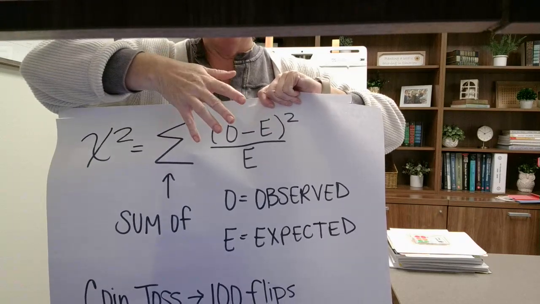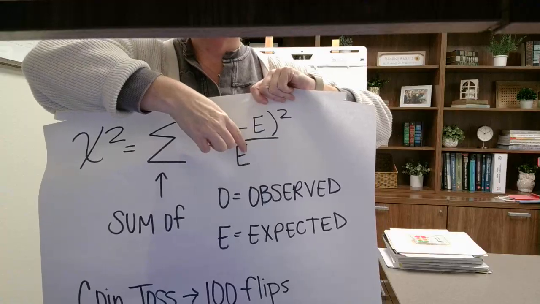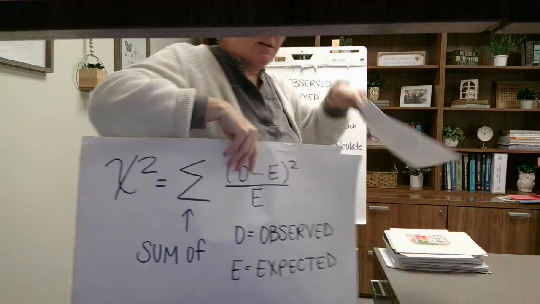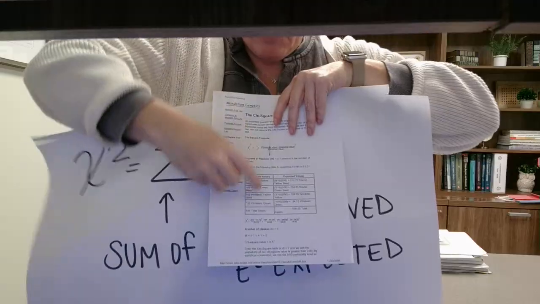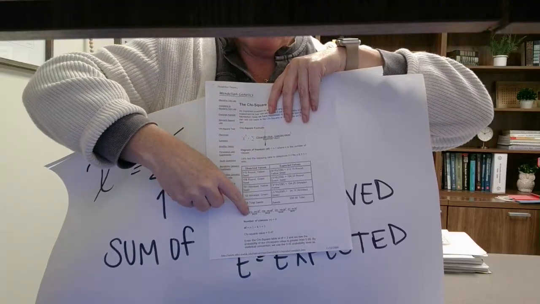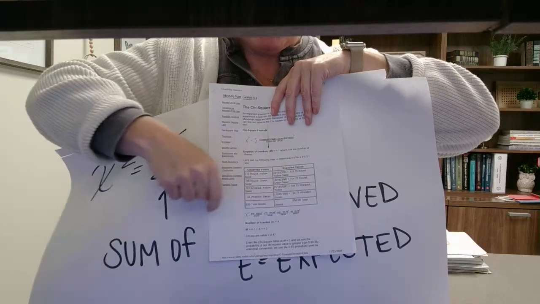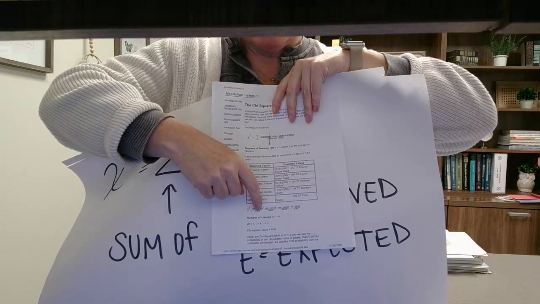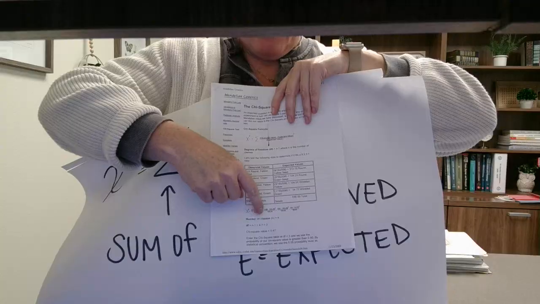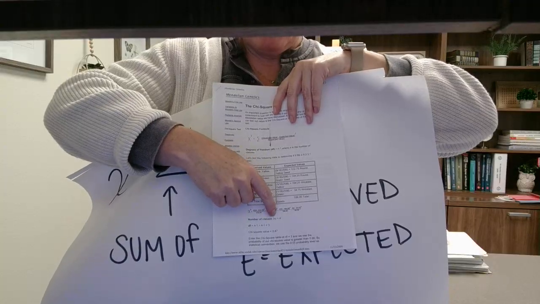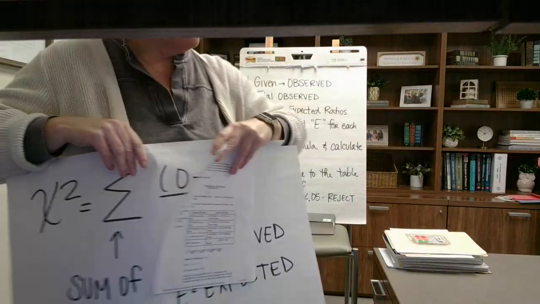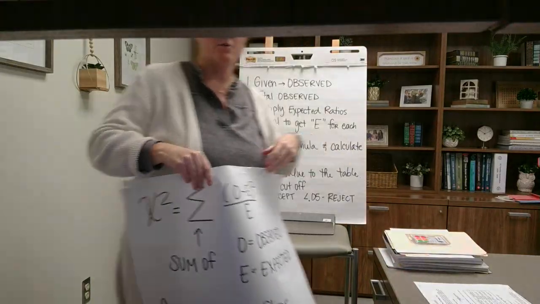That gets rid of the negative if there is one, divided by the expected. And so this is already done on your paper as well. If you look down here, you can see that each one of those is written out. So I did that for each one of my O's. Observed minus expected squared divided by expected. Observed minus expected squared divided by expected. And so you just have to plug those numbers into your formula.